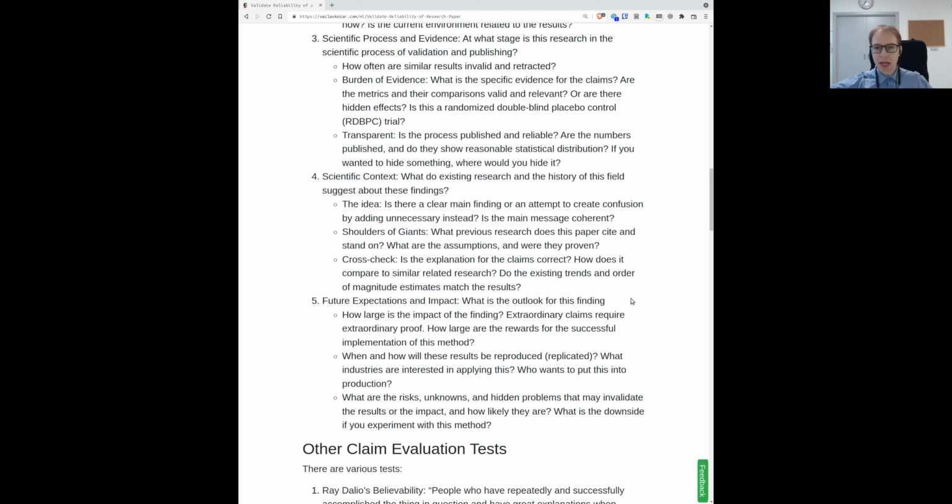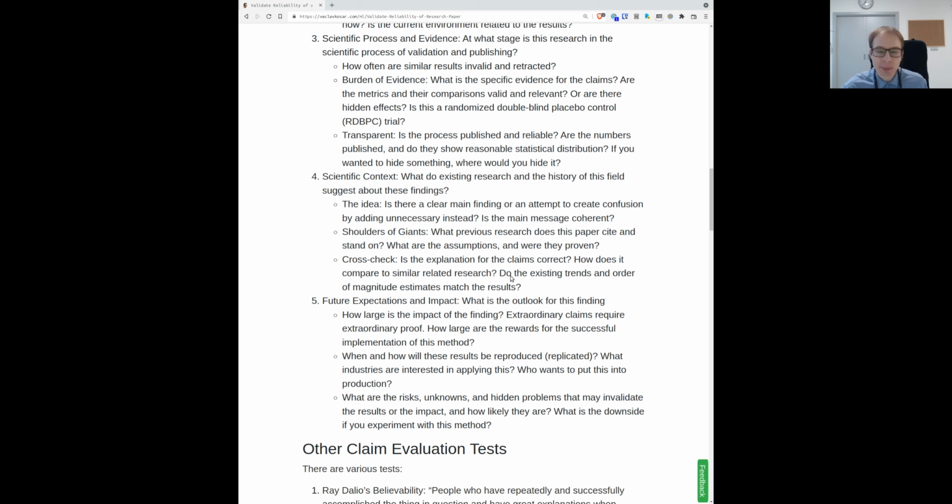You are double blinding, so the researcher doesn't know what group the person is assigned to. Are they giving placebo or not? Right? And then you have a control, so you have one group which is having no effect applied. So this is a burden of evidence point.